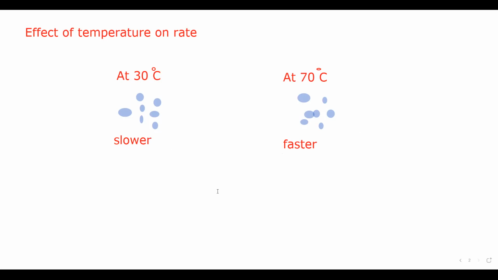Which one has more collisions, at 30 or at 70? At which temperature is there more collisions? At 70 there will be more collisions as compared to 30 degrees.